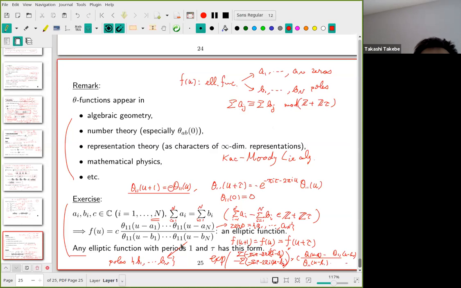So by using such property, f is expressed as a ratio of products of theta functions. So this is a general form of elliptic functions.